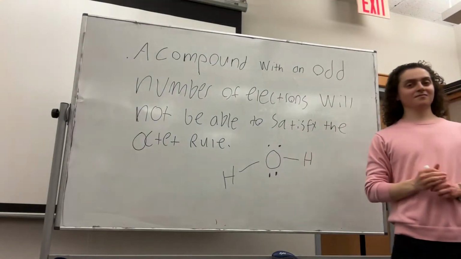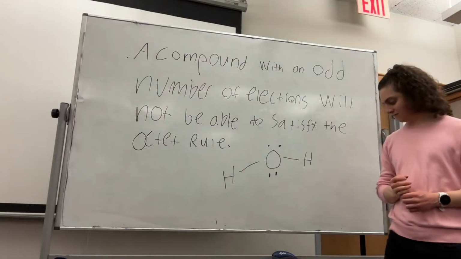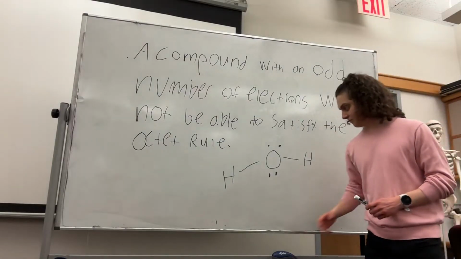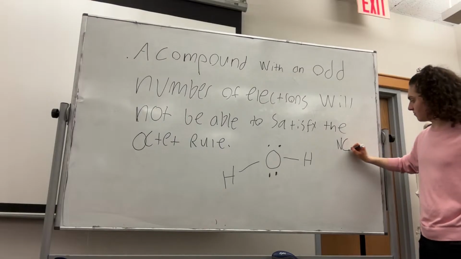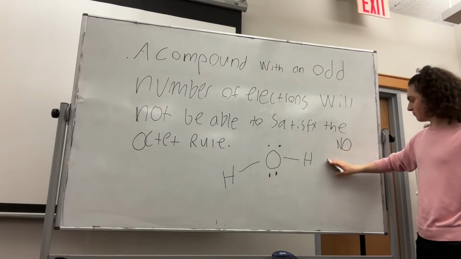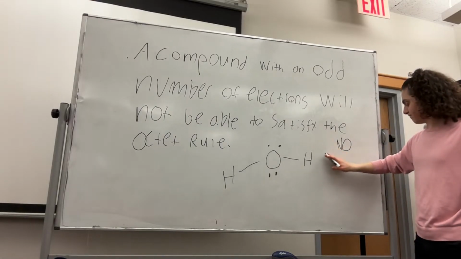So the octet rule is essentially like when a compound, like the compound shown with the Lewis structure, is even.